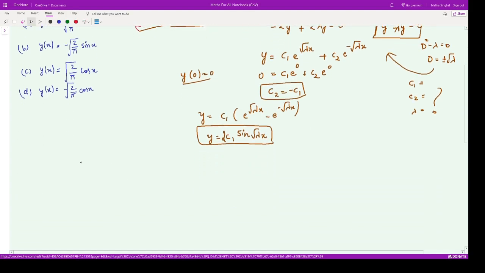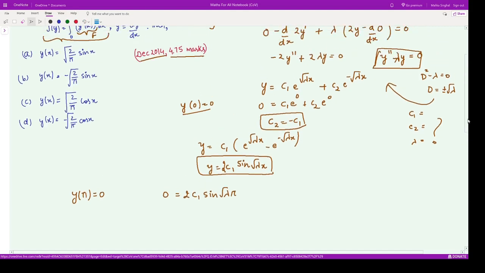So let us apply another condition. The other condition is y of pi is equal to 0. So you have 0 is equal to 2 c1 sine of square root of lambda into pi. So clearly you can see that our extremal, the solution y, is of the form sine of something times x, right. So these cannot be the options. So you are left with option A and B. Let us see which among these or both are the solution.